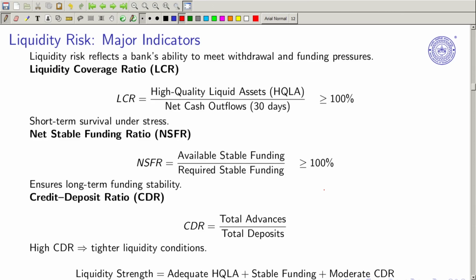So high quality liquid assets means how much you have in loans that are still liquid, and cash outflow means how much you have given and how much has been withdrawn. So this is what we call outflow, where you have the cash flow from assets and also the withdrawals. If it is greater than 100%, then it talks about the liquidity risk.